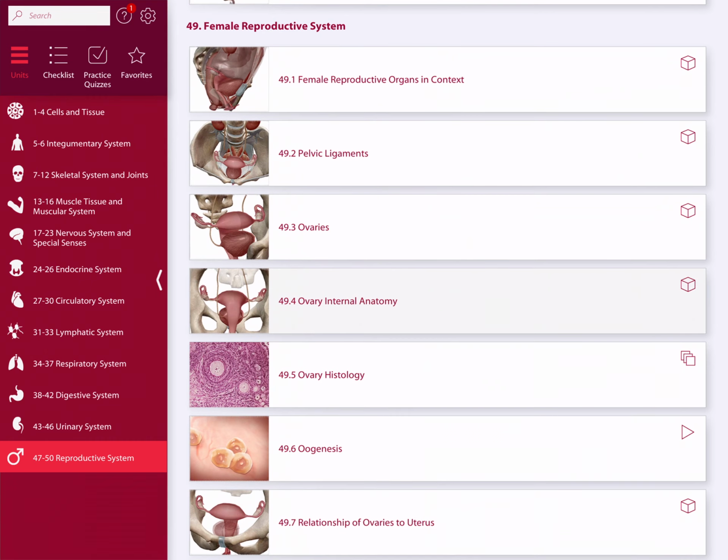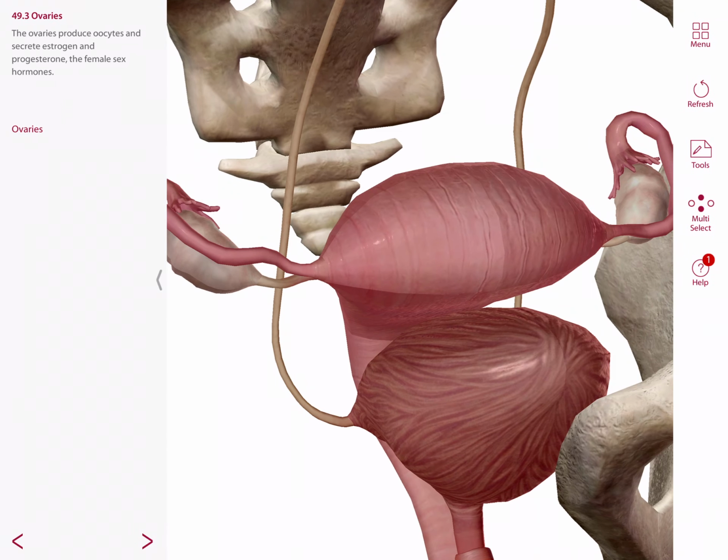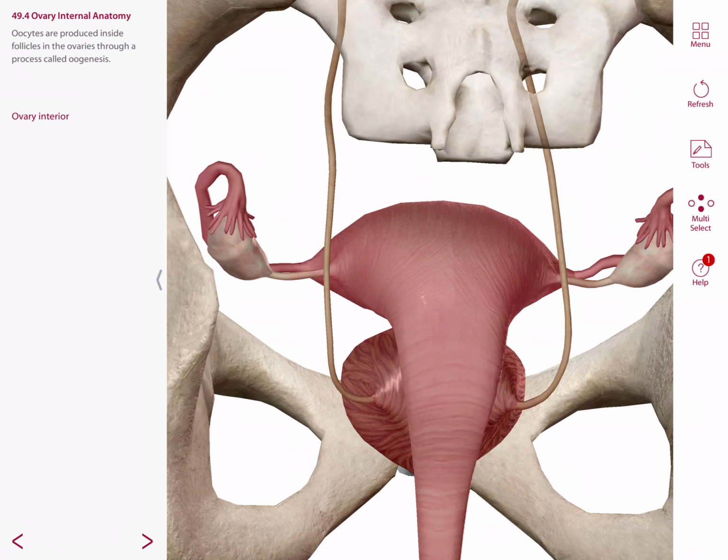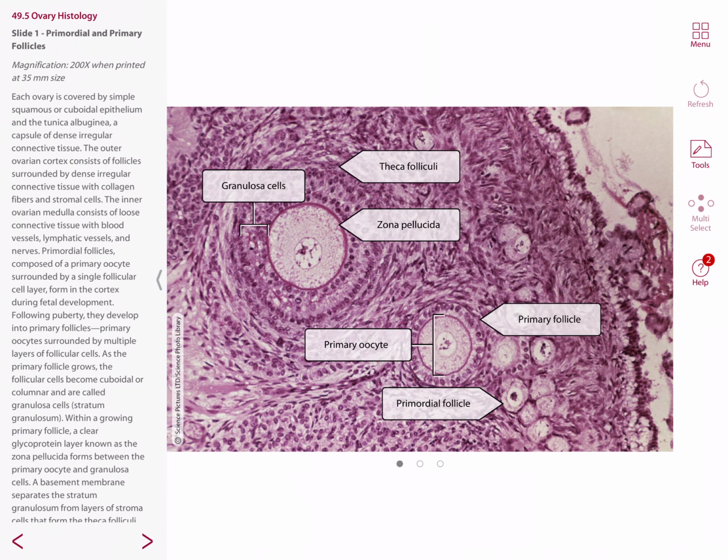So you want to go through here and take a look at the ovaries. This will have some histology to them. Let's see if we get a good picture. There's the ovary, and what you've got there is different layers to the ovary, and within the ovary there's eggs, and on the outside we've got primary eggs all the way moving towards the medulla, which you've probably heard that word in the kidney.